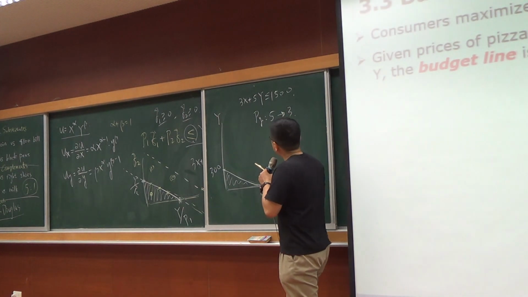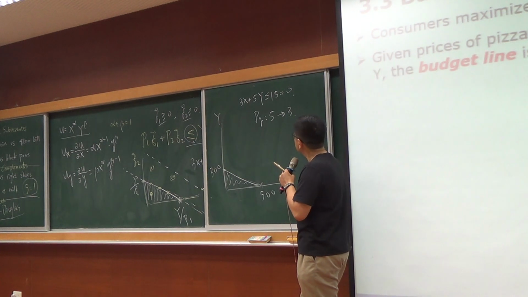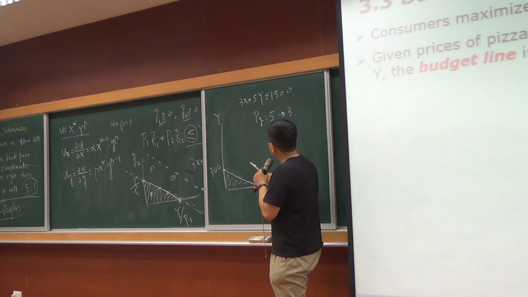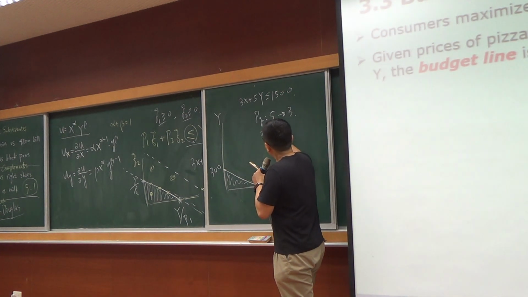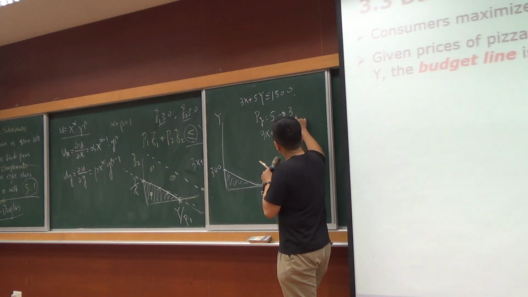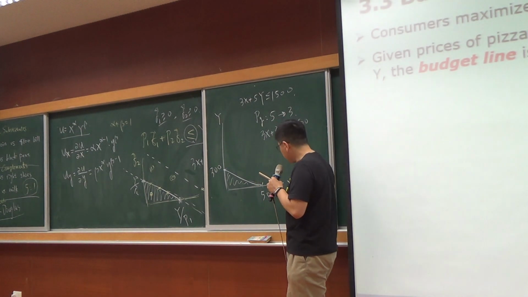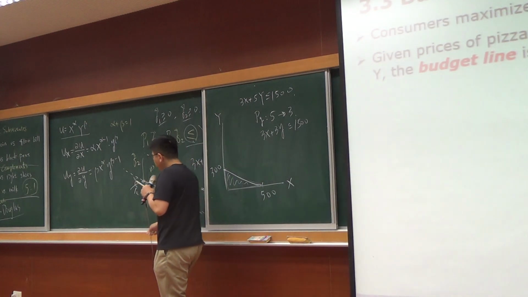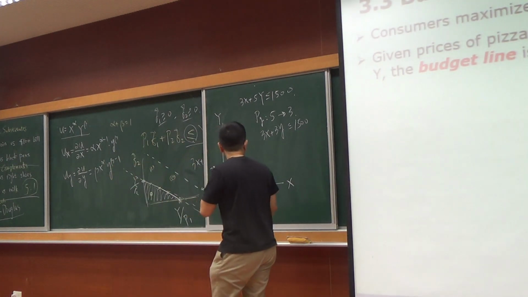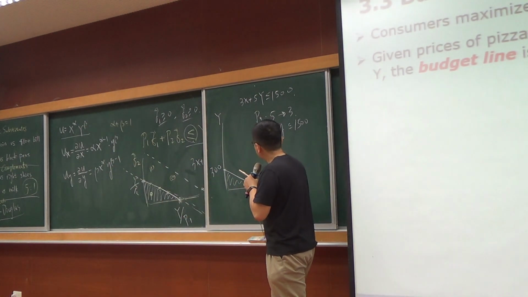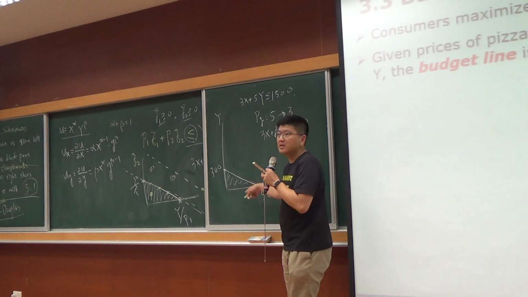So if Y becomes cheaper, now it will be 3X plus 3Y less than or equal to $1,500. And what happened to the budget constraint?